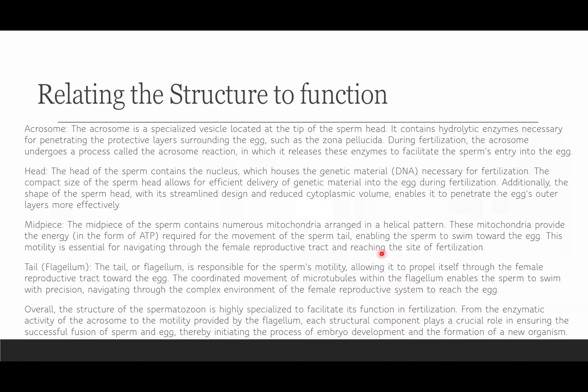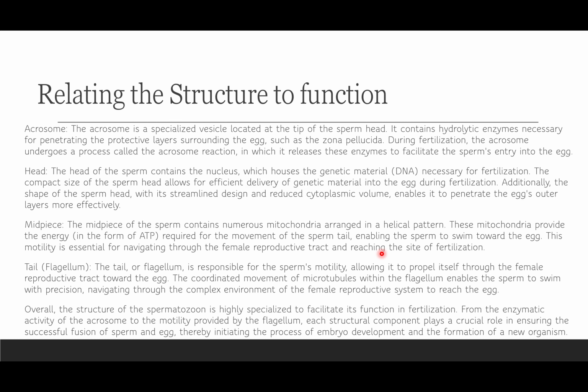So relating its structure to its function, we know the acrosome is a specialized vesicle that contains hydrolytic enzymes as well as acid to pierce the zona pellucida and the corona radiata and move through the corona radiata, right? We have the head, which contains the genetic information for fertilization.